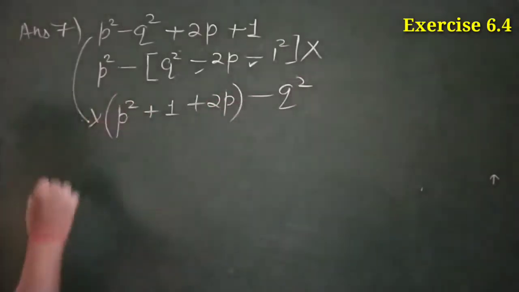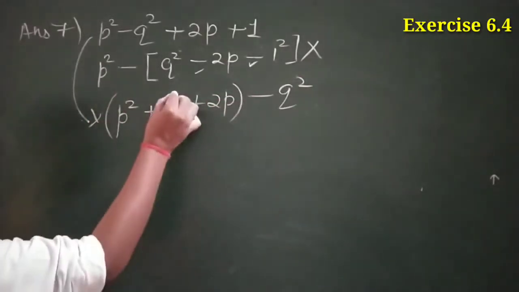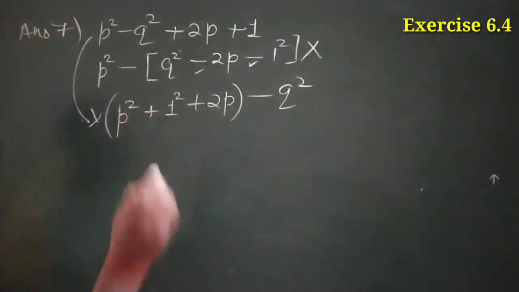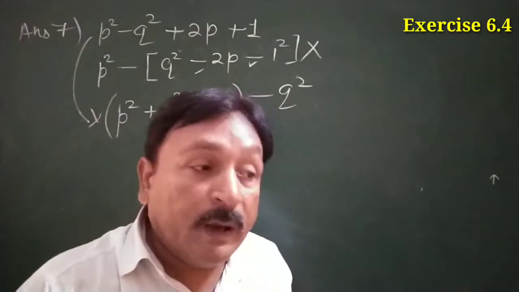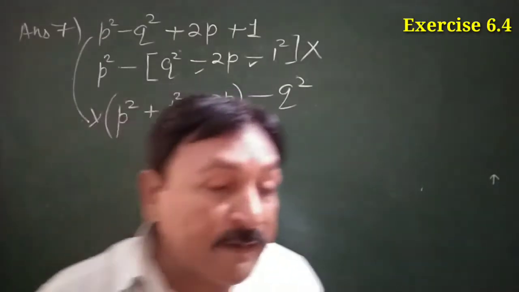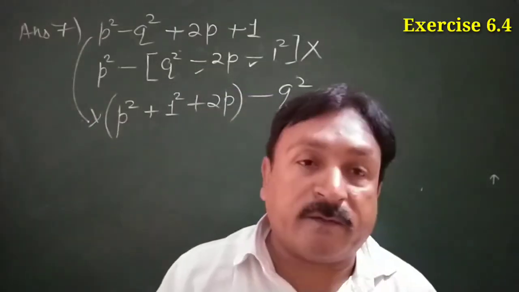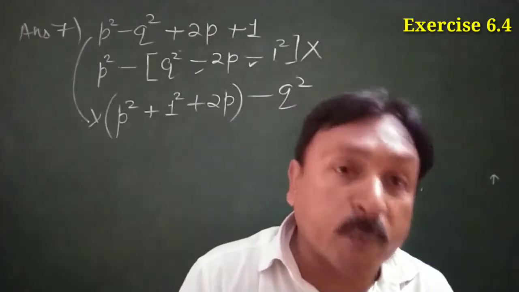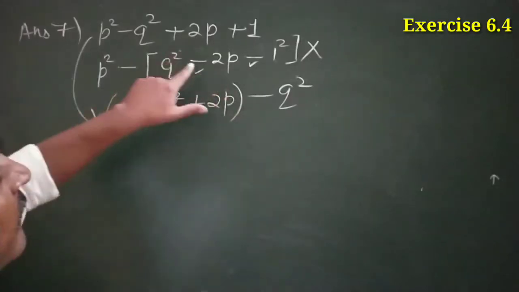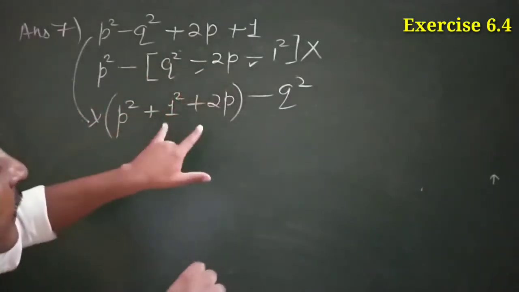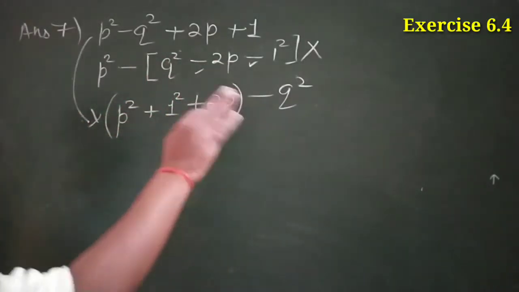Now check it: a square plus b square plus 2ab. Now it is correct. Understood how to check the combinations? In questions, the terms are not always given in sequence. You have to check the sequence too in some questions. So if the answer is not coming, check the sequence. Maybe the sequence is something different.